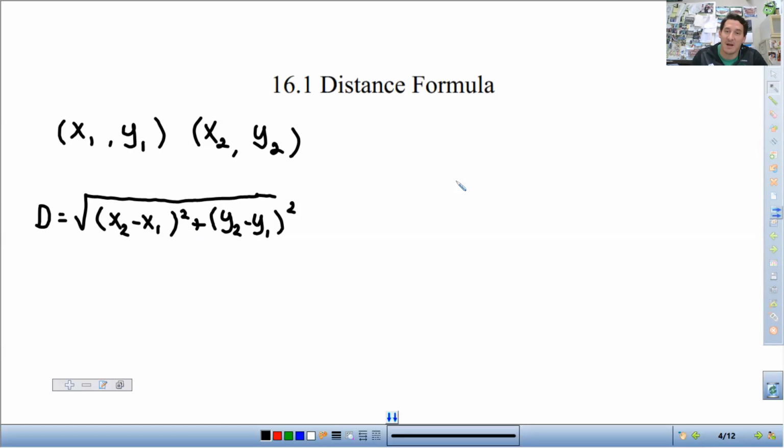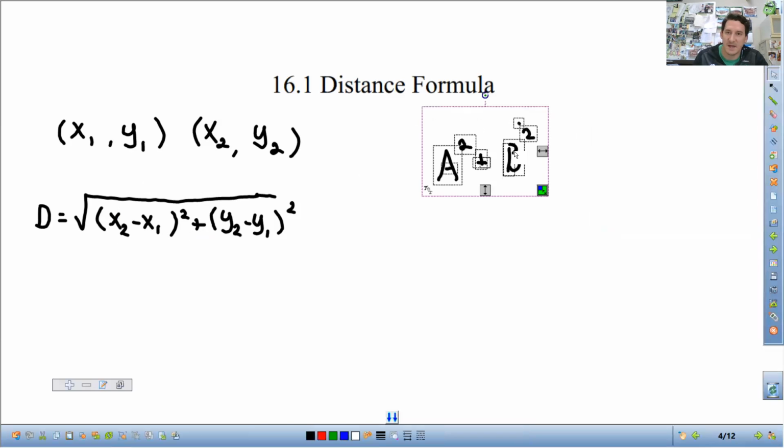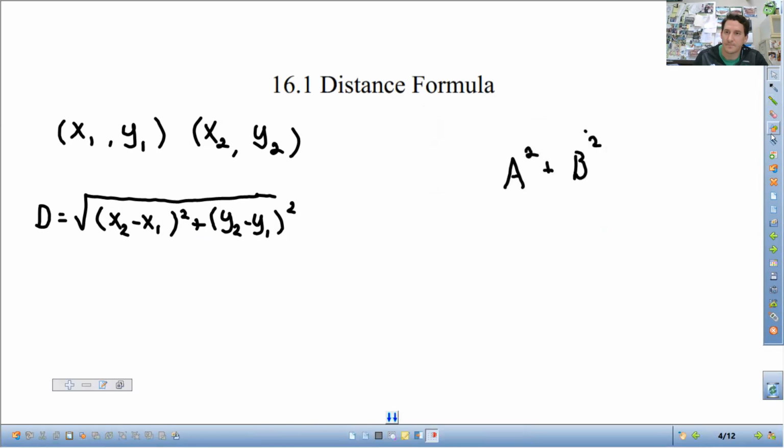So if you remember, Pythagorean theorem is a squared plus b squared is equal to c squared. And I'm going to just actually rewrite this a little bit so it matches the distance formula. So I'm going to put c on the other side. So c squared is equal to a squared plus b squared.